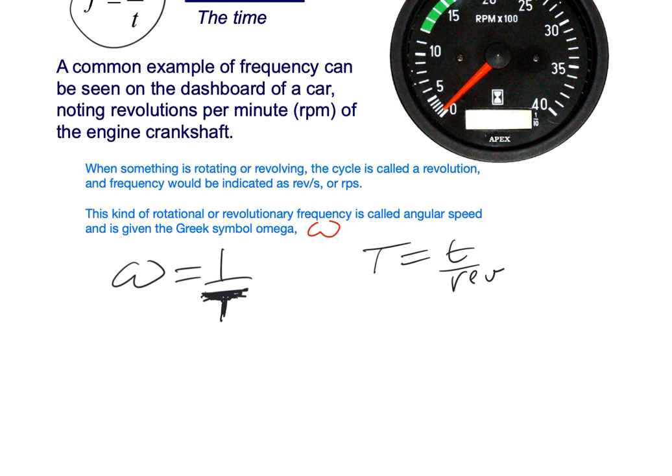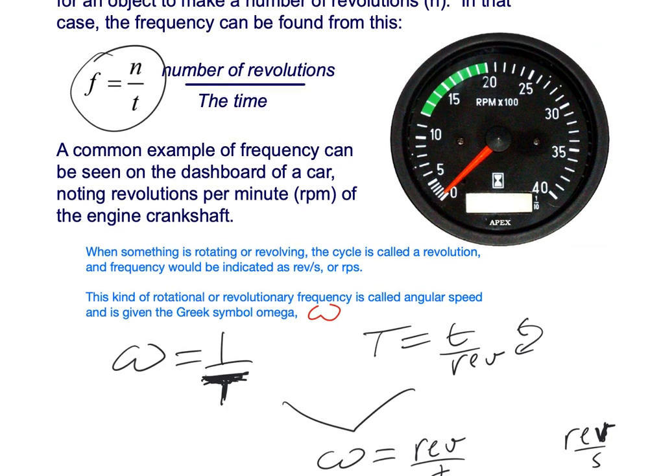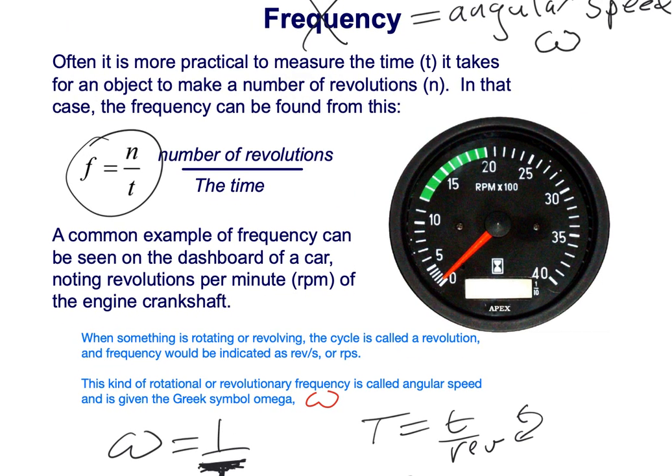So if we put this together, omega equals the flip of that, 1 over T would be revs per time. It's just backwards, the inverse of a period. I just switch these two around. The units would be revs per second. The units for frequency up here are hertz, but we're not going to talk about that yet.